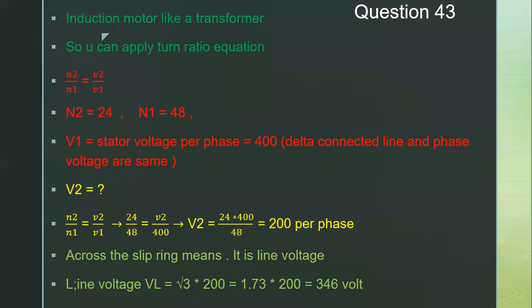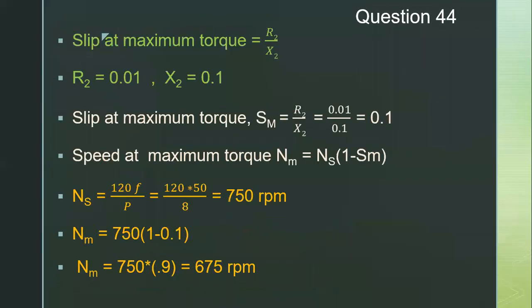So I am doing this slip at maximum torque. You already studied this. Slip at maximum torque is equal to R2 divided by X2. R2 is given as 0.01 and X2 is given as 0.1.